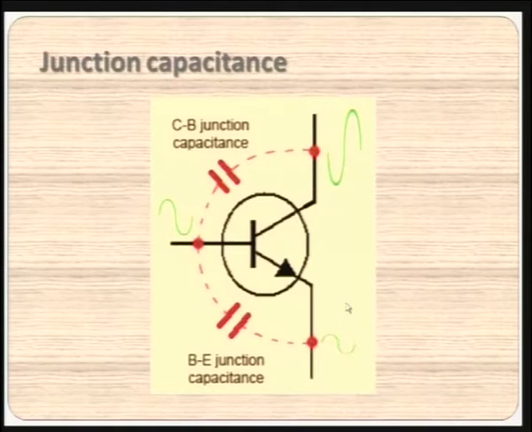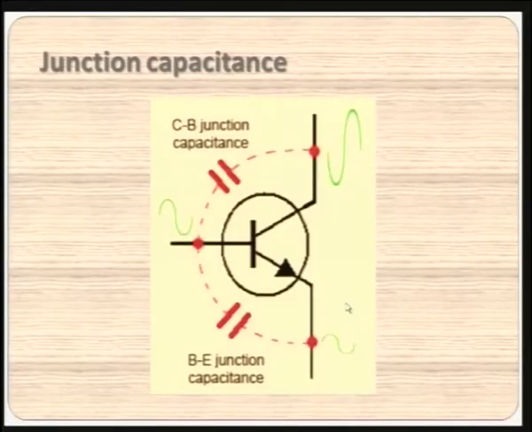This gives us an idea how we have to consider the capacitors across the two junctions. When the input signal is varying and the bias voltage is maintained, there is a particular capacitance existing across the two junctions that we have considered.